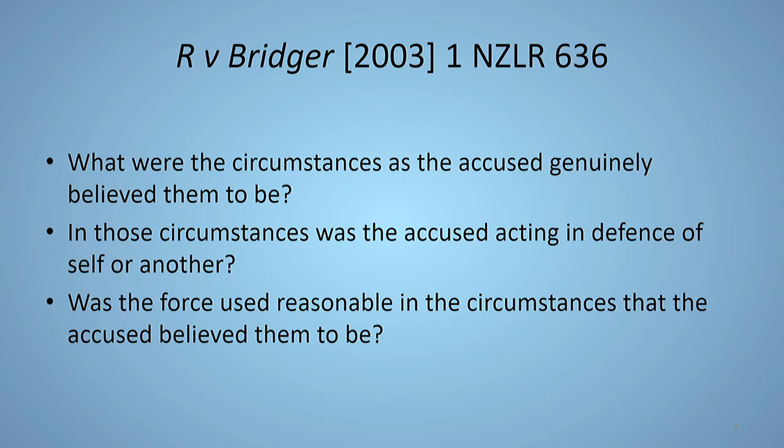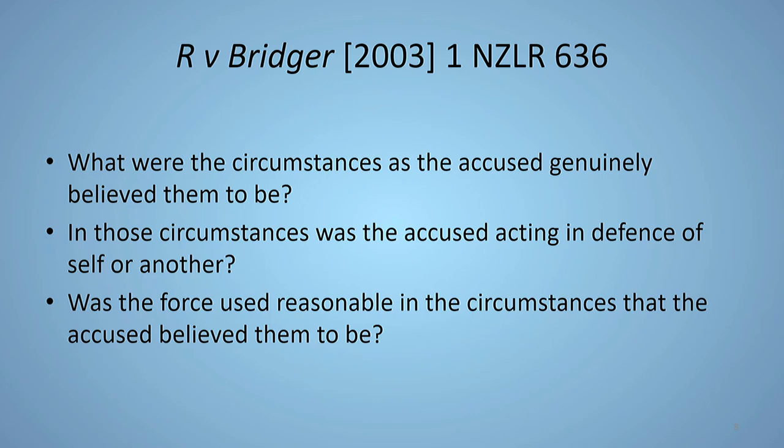Because it's subjective, we're bothered about the honest, genuine belief of the defendant. So you can be mistaken. So even though he might have misread the threat, for the subjective part, that's okay. It can even be unreasonable, as long as it's a genuine belief, because obviously the more unreasonable it is, the less likely the jury will believe him, right? But you can still have an unreasonable, mistaken belief because it's all subjective.